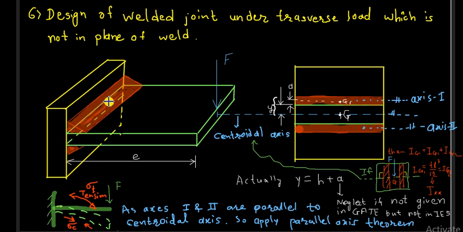Let us see, this is the length and force F is transverse to it, and again not in the plane of weld. Let us say this yellow plate, and the rightmost surface of the yellow plate is the plate where the welding is done, and we can consider that as the plane of weld.